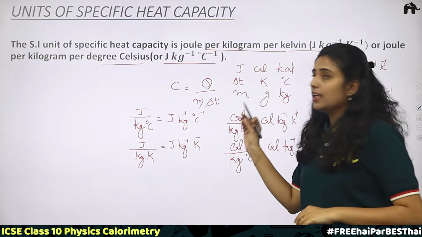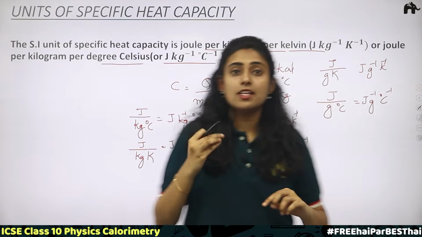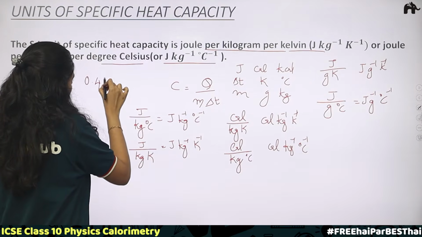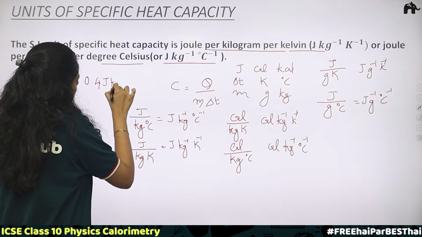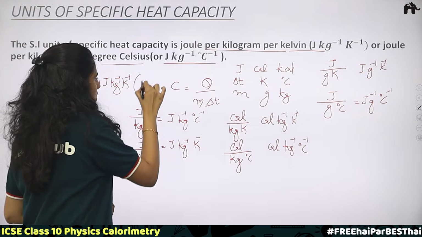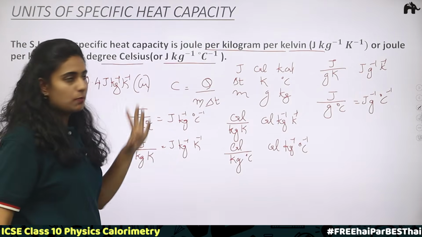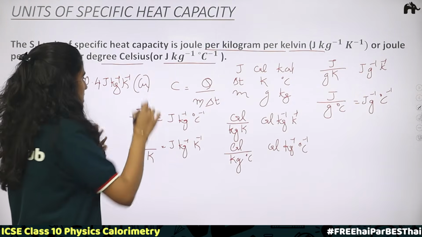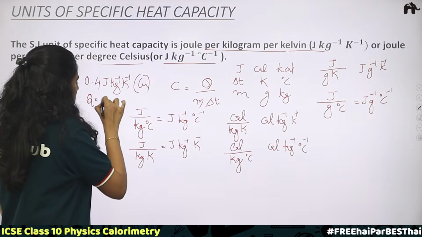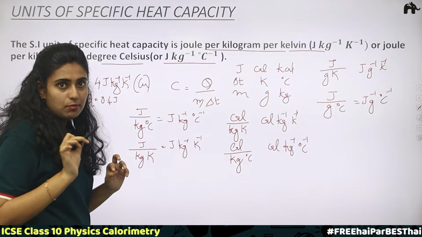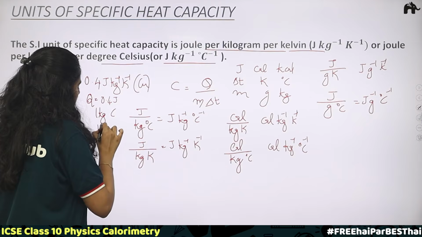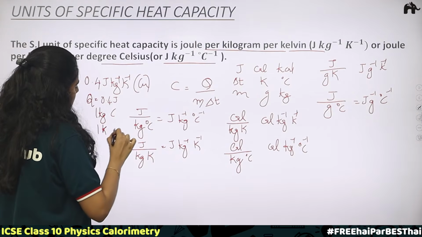Now, if it is given that 0.4 joule kilogram inverse Kelvin inverse is the specific heat capacity of copper, what does it mean? This means that the heat energy supplied is 0.4 joules to raise the temperature of 1 kilogram of copper through 1 degree Celsius or 1 Kelvin.